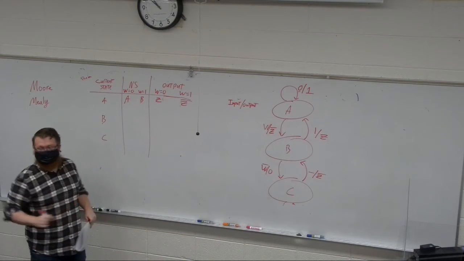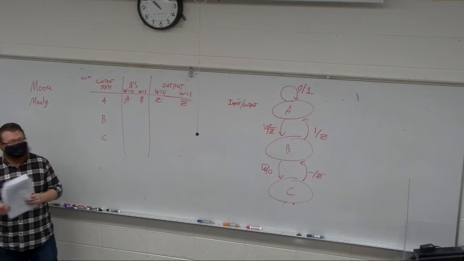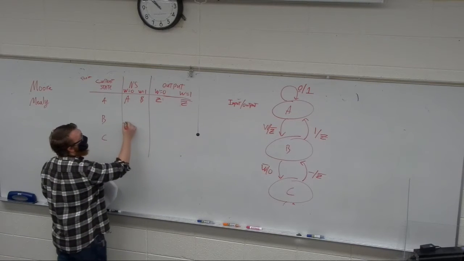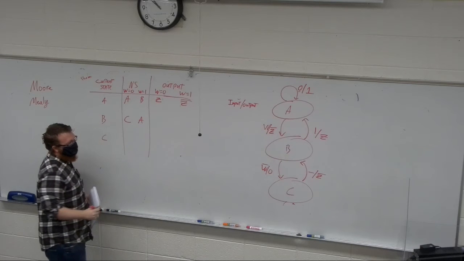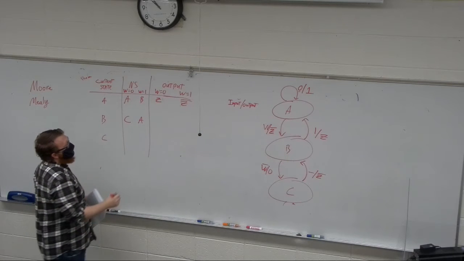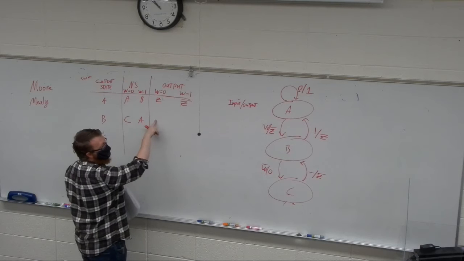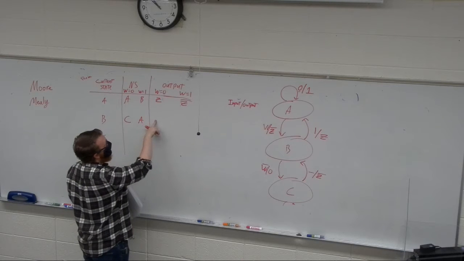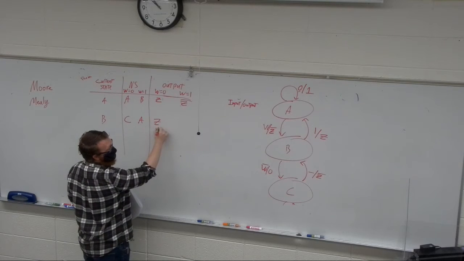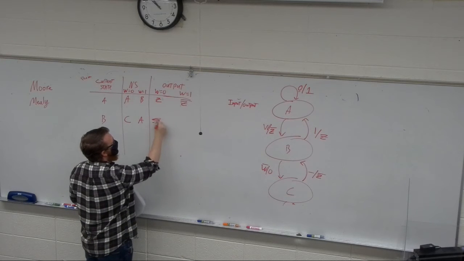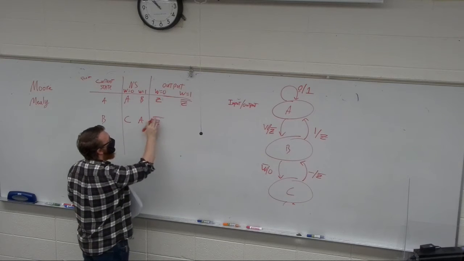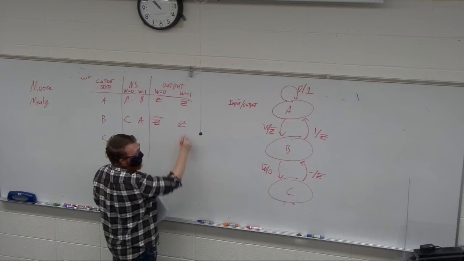There is no option for staying in B. So if I get a 0, it's C. A 1, it's A. A 0, I output Z. Oh, wait, no, sorry. A 1, that is Z bar.